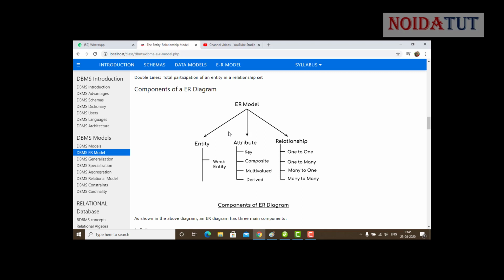Now talking about the attribute, we have key, composite, multi-valued, derived. For relationship we have one to one, one to many, many to one, and many to many. So these things form the entire ER model.